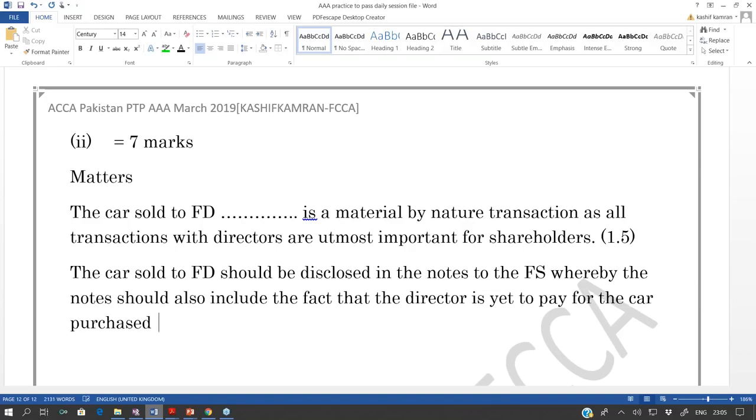That is, there is a receivable from the director of $50,000.